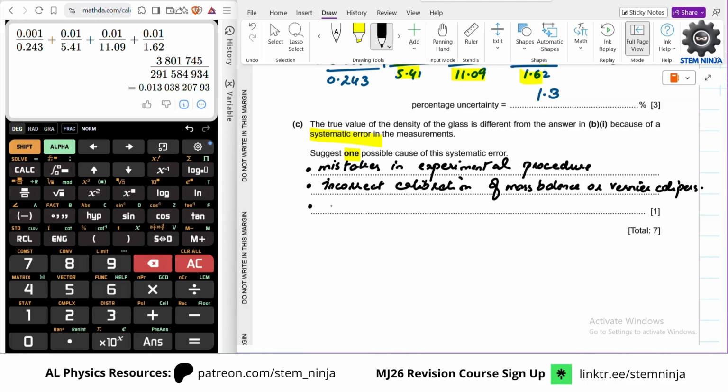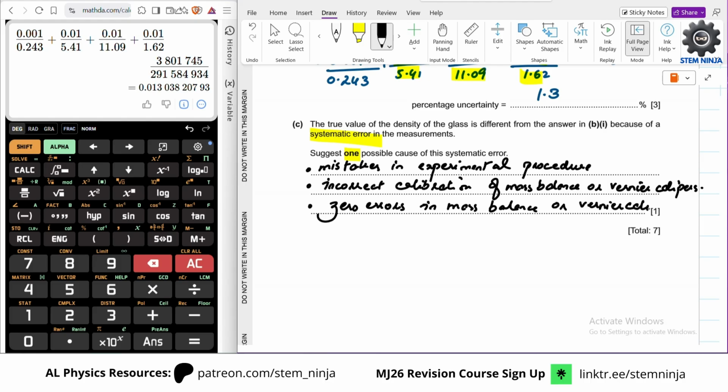Similarly, you could have zero errors in the mass balance or vernier caliper.